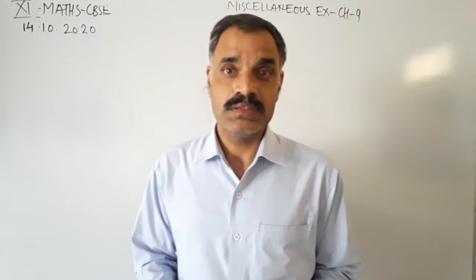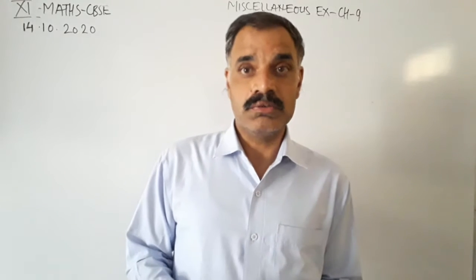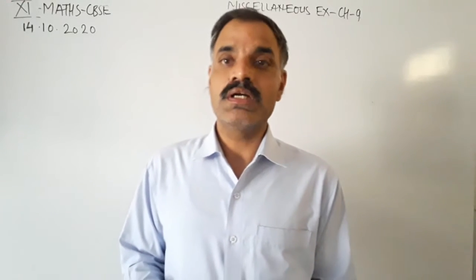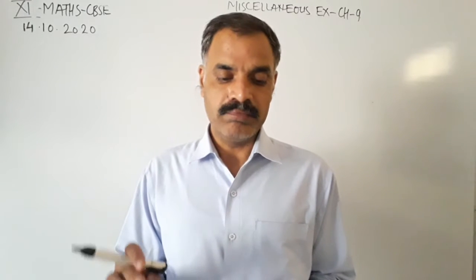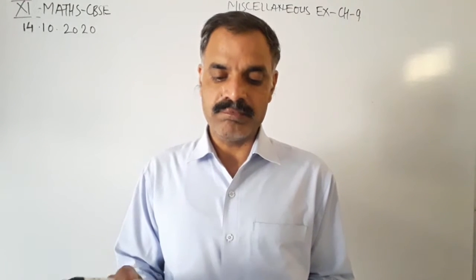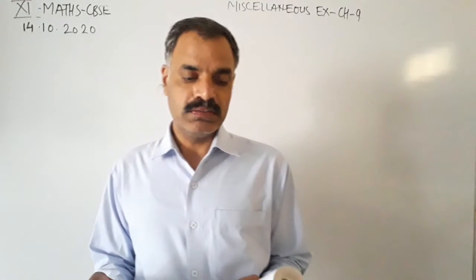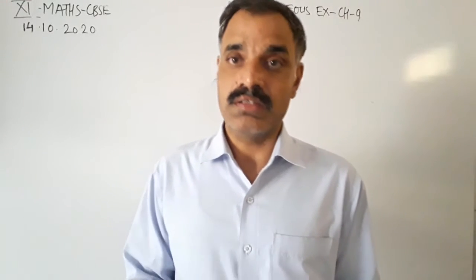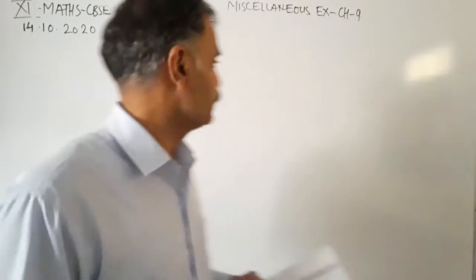Okay, so let us start with question number 1. I am reading the question. Show that the sum of the (m+n)th and (m-n)th terms of an AP is twice the mth term.